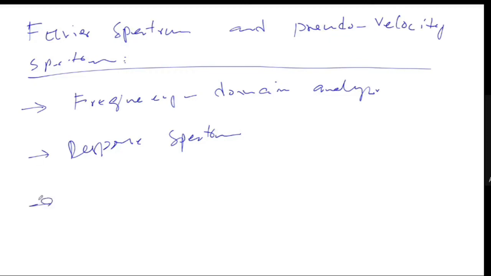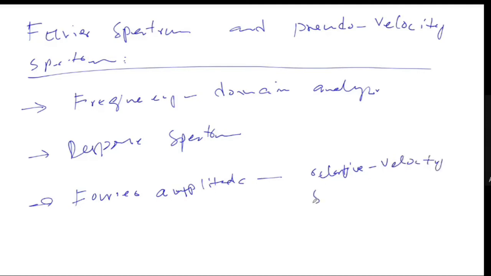The Fourier amplitude spectrum is identical to the undamped relative velocity response spectrum for some special cases. So in some special cases, the Fourier spectrum and the relative velocity spectrum are identical if you are looking at the response of an undamped system.